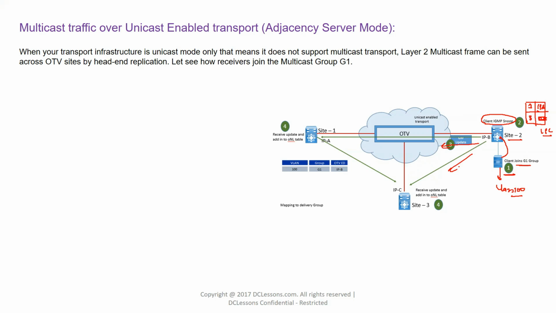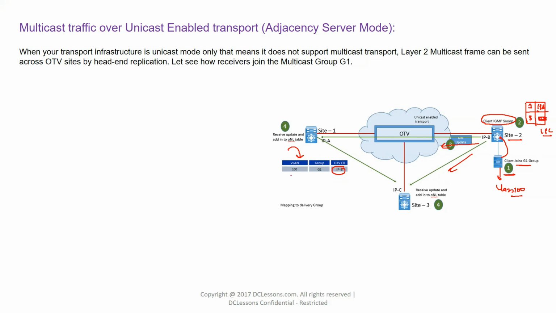Now the site 1 edge device receives the GM update. It will update its OIL table saying that for group G1, I have to send traffic to IPB, because at site 2, IPB, I have an interested receiver. So this is how your OIL list is populated.